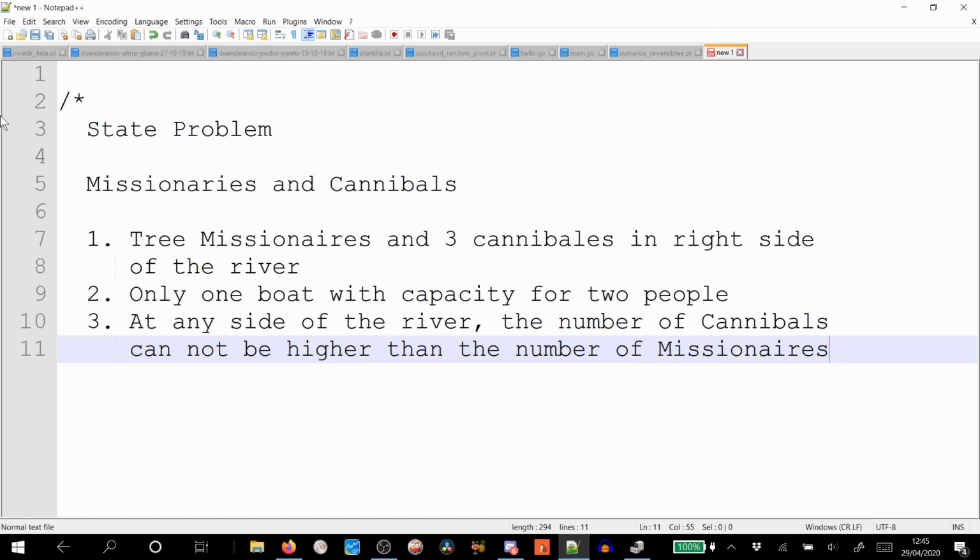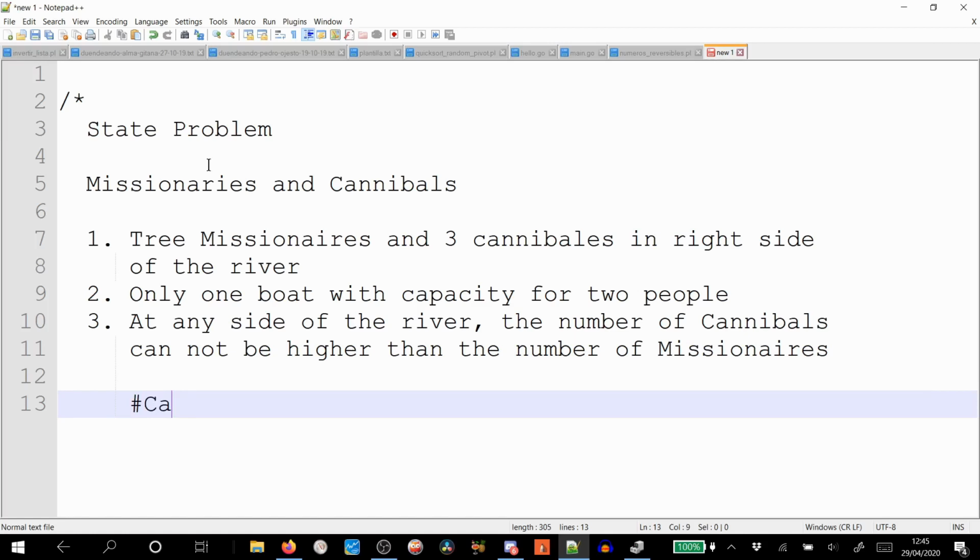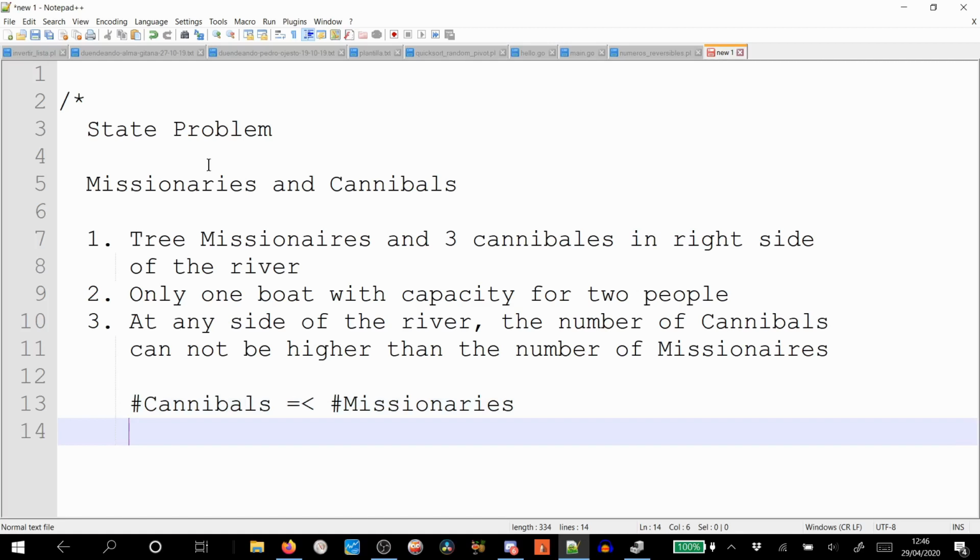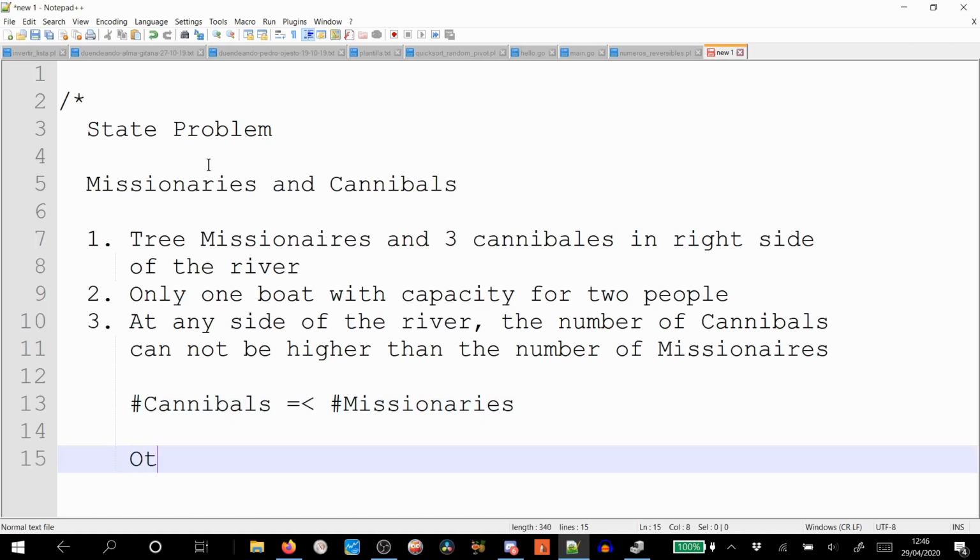Because in this case, the number of cannibals has to be equal or less than the number of missionaries. Otherwise, the cannibals can eat the missionaries.